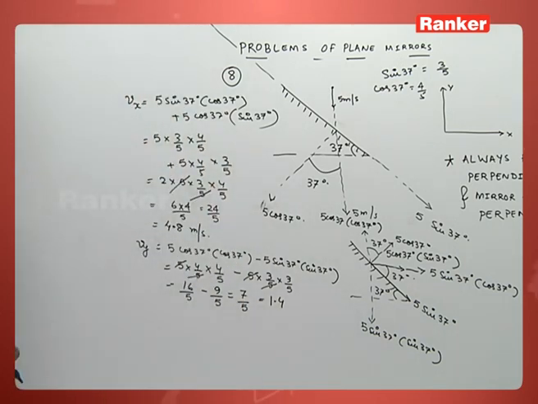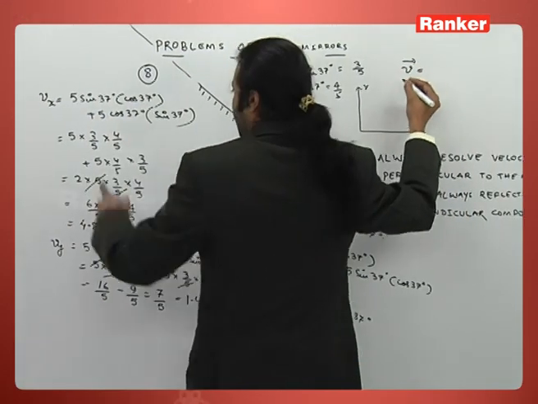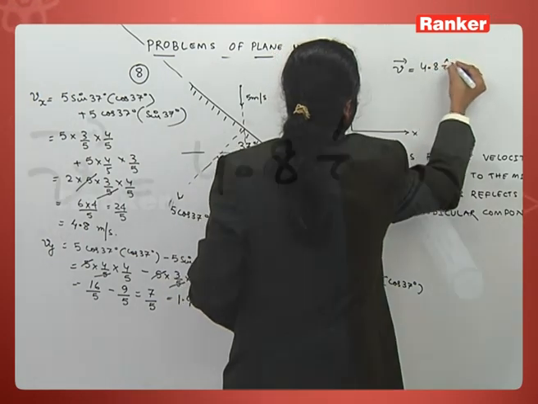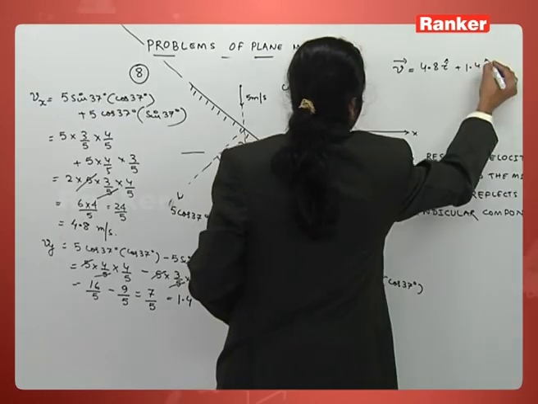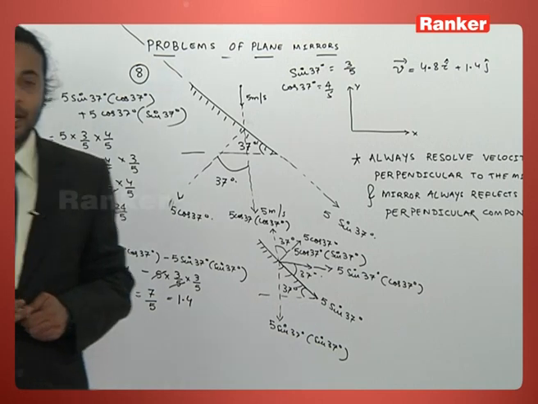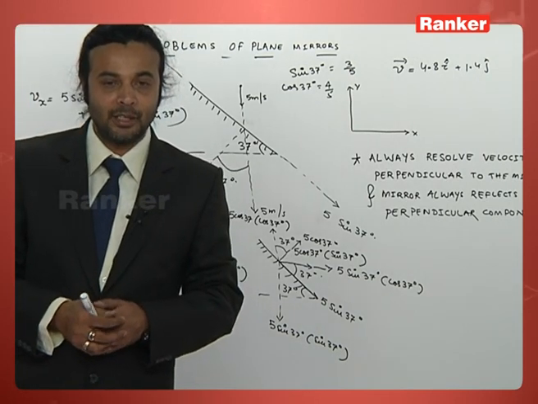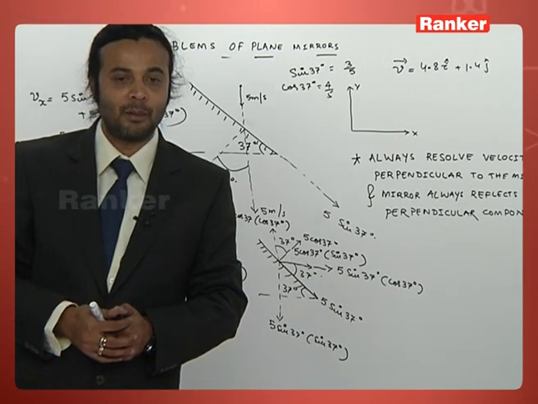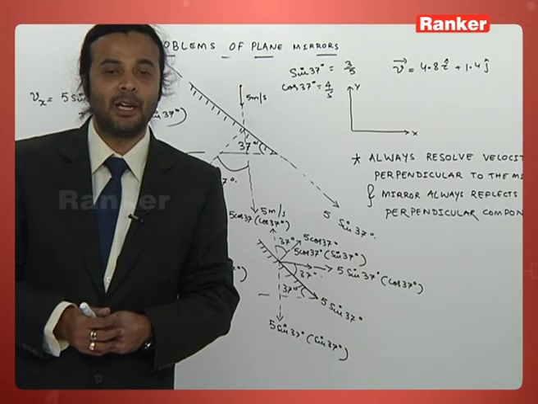So now the net velocity, if I write in vector terms, will be 4.8 i cap plus 1.4 j cap. Options are given as: option A, 3 i cap plus 4 j cap; option B, 4 i cap plus 3 j cap; option C, 4.8 i cap plus 1.4 j cap; option D, 1.4 i cap plus 4.8 j cap.